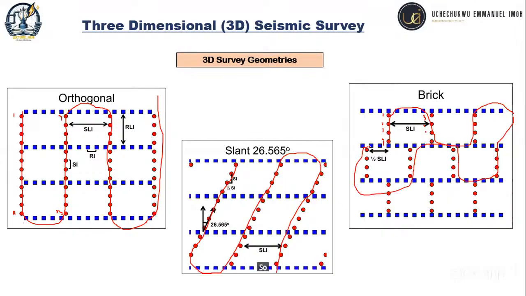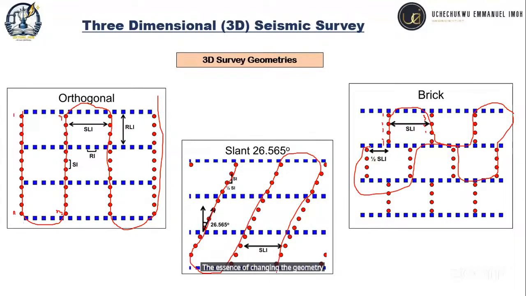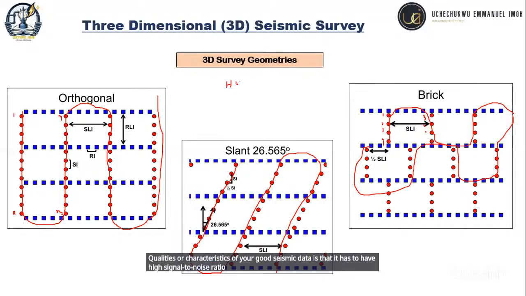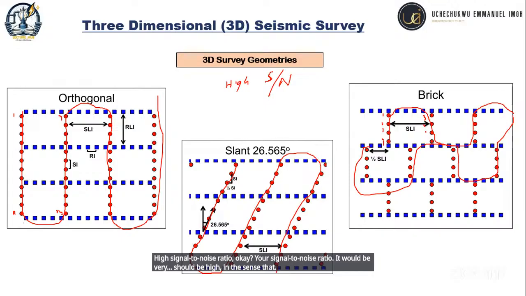So somebody may now wonder, why are they changing the geometries for the 3D seismic acquisition? The essence of changing the geometry is that one of the qualities or characteristics of a good seismic data is that it has to have a high signal to noise ratio, right? Your signal to noise ratio should be high, in the sense that you record more of the reflected seismic wave than noise.